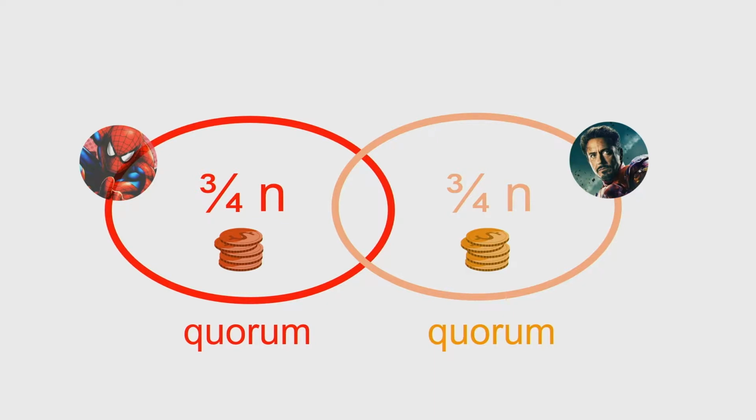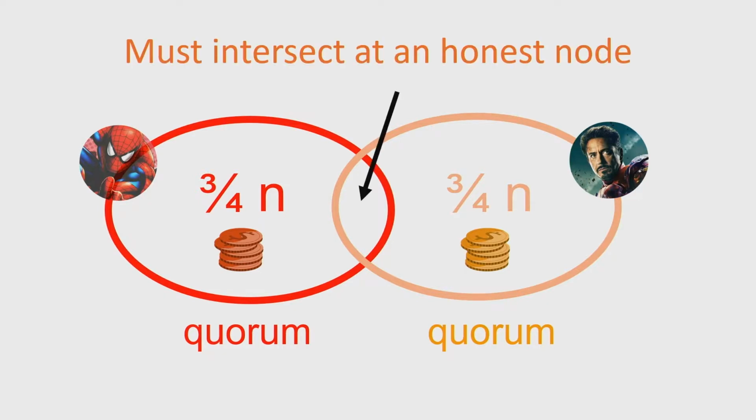This means both of them have received 3/4 of the votes, and the intersection of these two sets of voters must contain at least 1/2 of the nodes. Because we have a minority corruption assumption, at least one honest node must be in this intersection. Remember that an honest node will only vote uniquely for one sequence number. This guarantees that these two transactions must be equal.